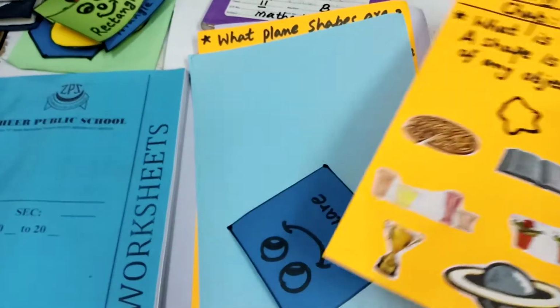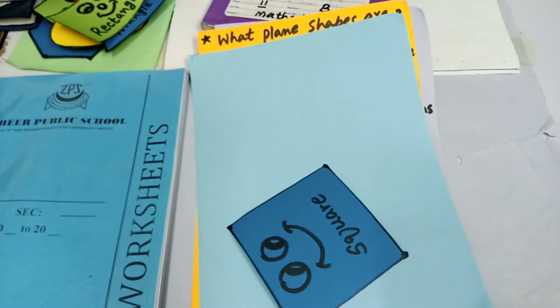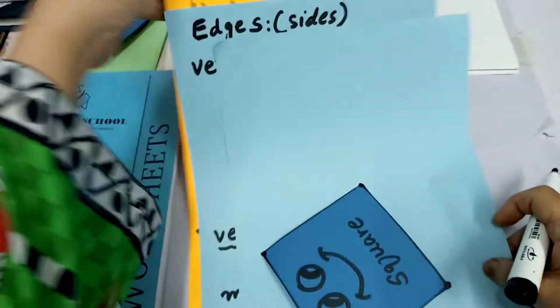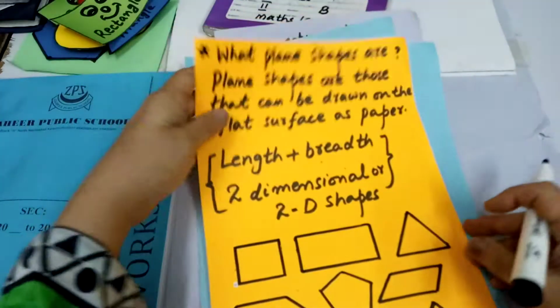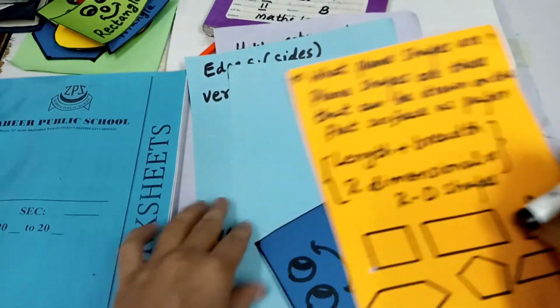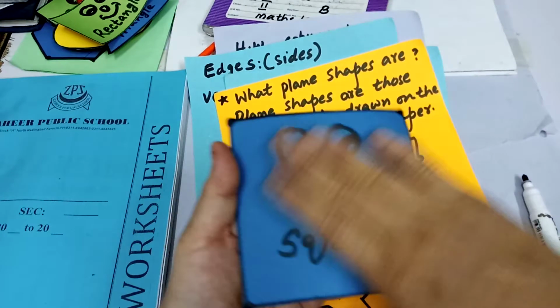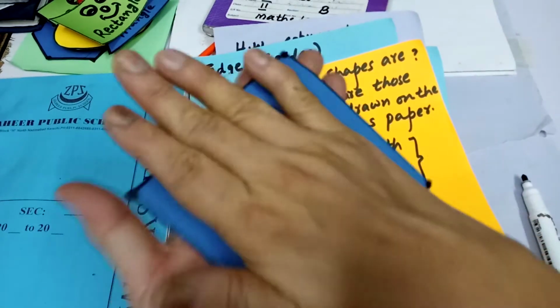Now, do you remember what plane figures are? Plane shapes are those that can be drawn on a flat surface. This is a flat surface.